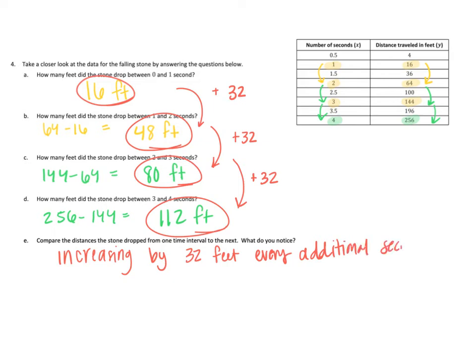Okay, so for example, 1 second, 16. 2 seconds is 16 plus 32. 3 seconds was 48 plus 32, right? So we're adding 32 each time, and that's how much more it is falling, okay? All right, let's go on to number 5.